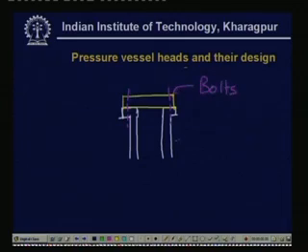Bolted joints. So, this is one such flat head. We have a complicated structure in the head.